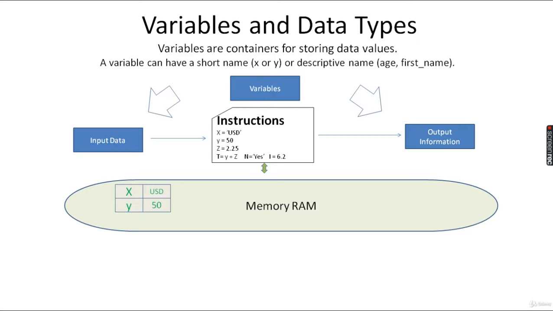The second instruction, which is Y equal 50, is also stored in a memory cell registered with a hexadecimal address and name Y and a value of integer type 50, and so on, Z 2.25.